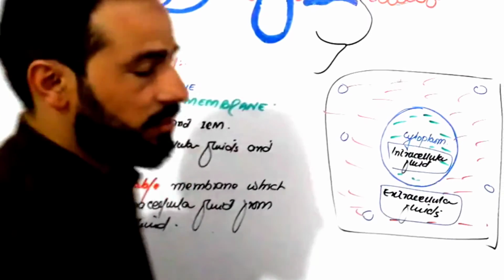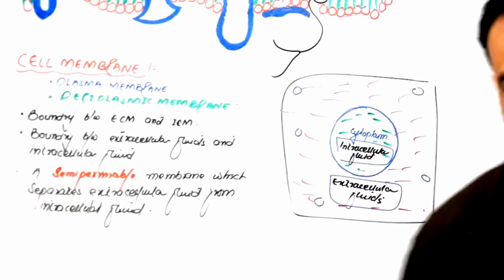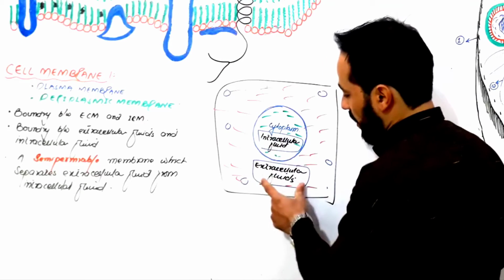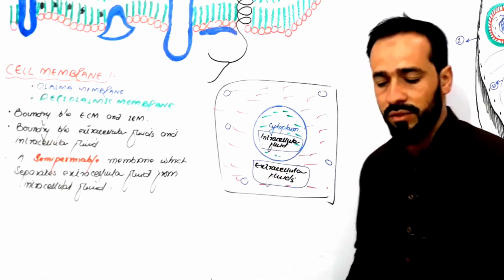This is called your cell membrane, friends. This is the definition of the cell membrane. By definition, we should know that the cell membrane is a boundary between extracellular fluid and intracellular fluid.